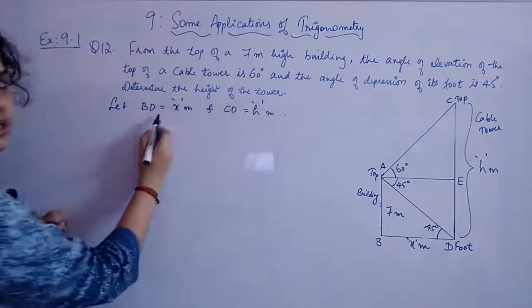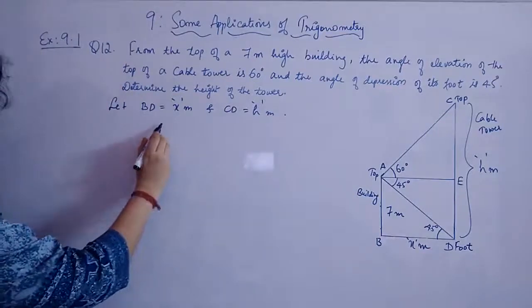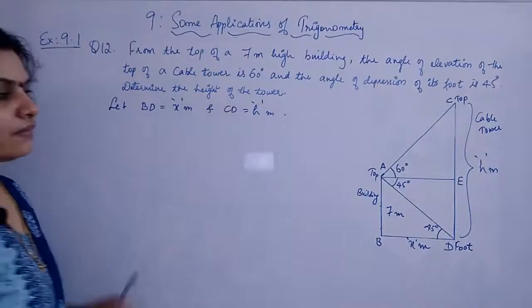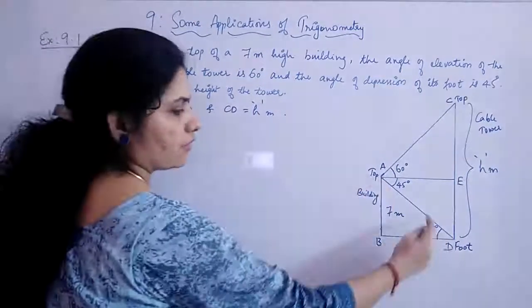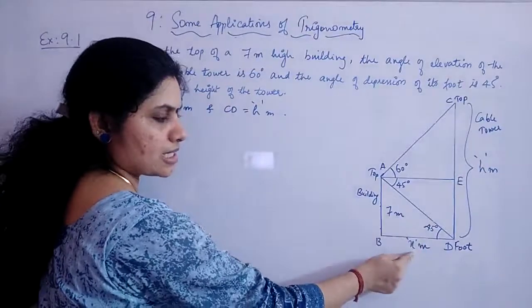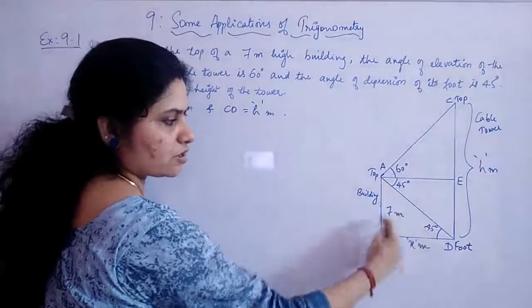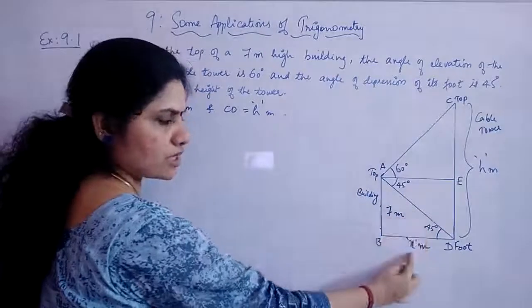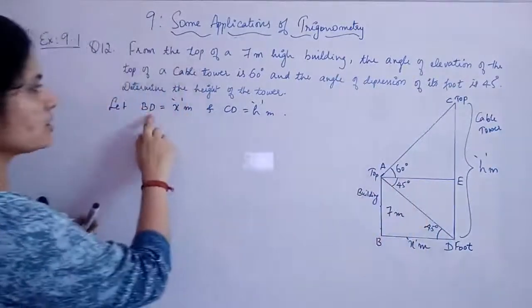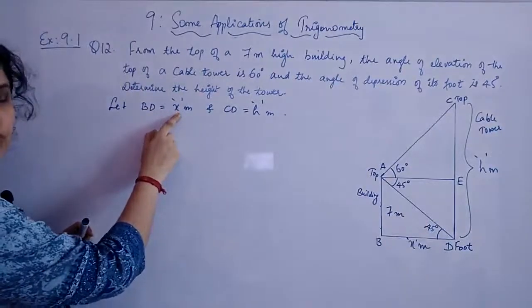So BD is the distance between the cable tower and the building, and CD is the height of the tower. Now when we move to this triangle, we can find this distance from the opposite by adjacent concept, because this is 45 degrees. So you can take this right triangle and find this length. Now BD will be the same as AE, so BD is equal to AE equal to x meters.